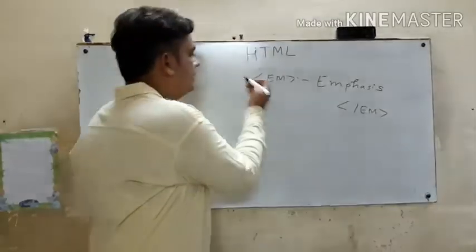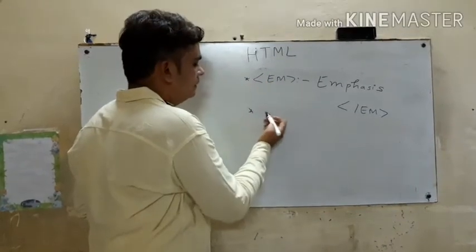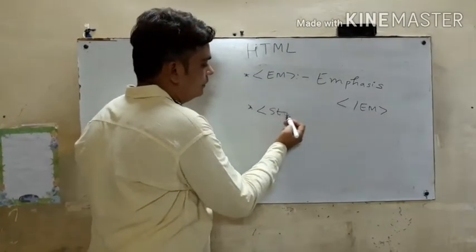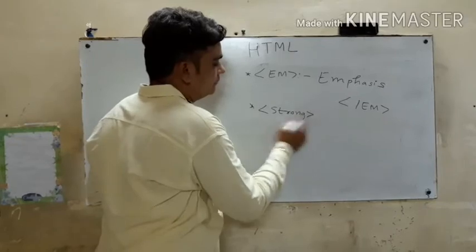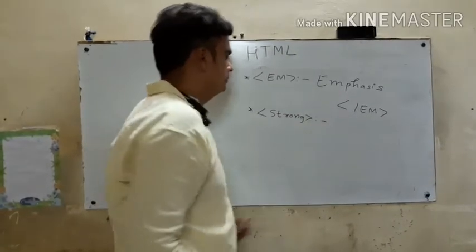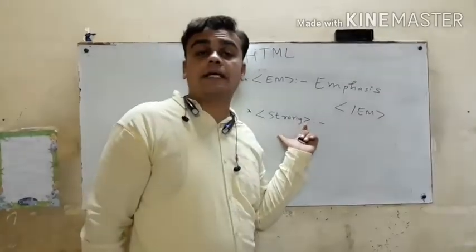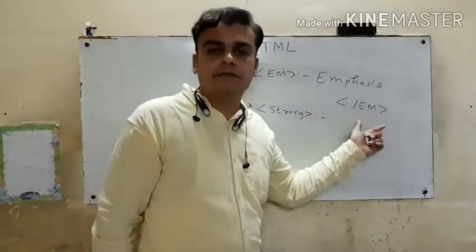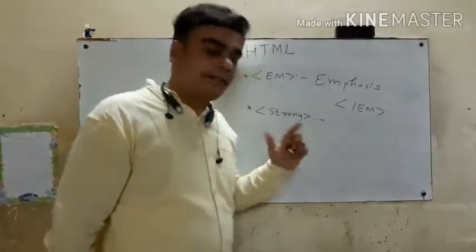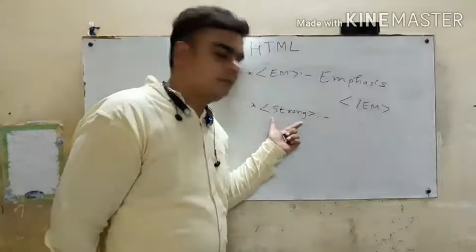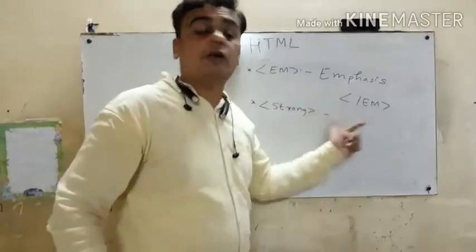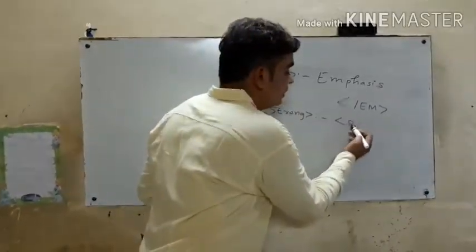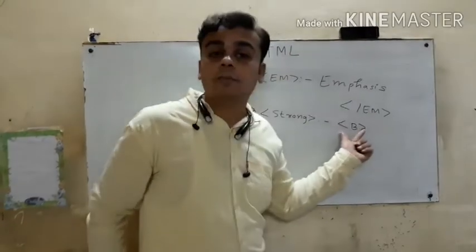There is one more alternative tag. We use that tag as the strong tag. As the name suggests, the strong tag means it is doing something extra. But keep one thing in your mind, the working of the strong tag is almost similar to the B tag. So what is the role of the B tag?